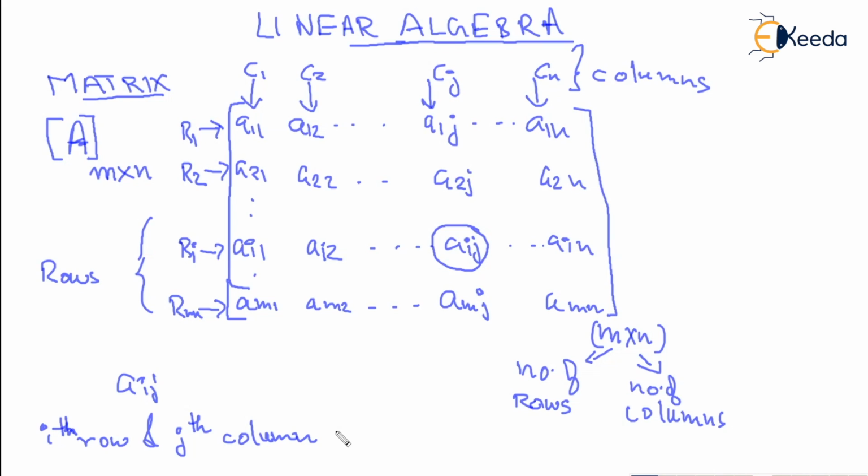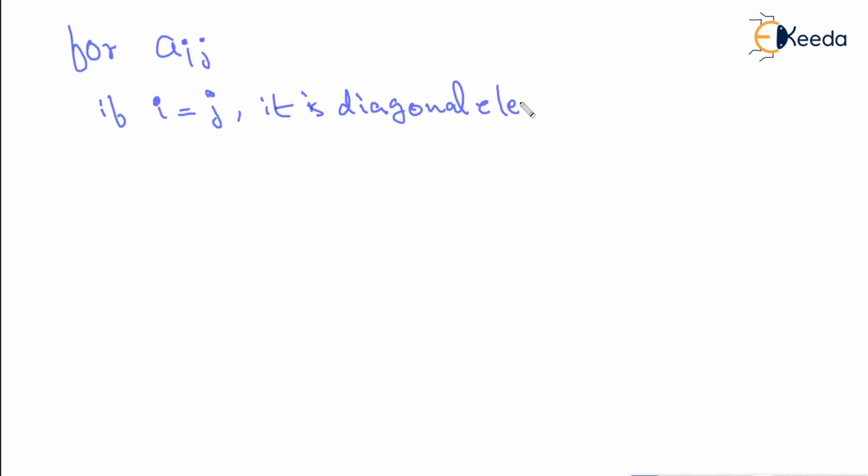Likewise there are other considerations. For aij, if i is equal to j, it is a diagonal element, and if i is not equal to j, it is an off diagonal element.